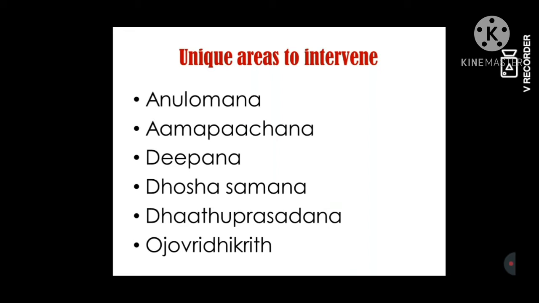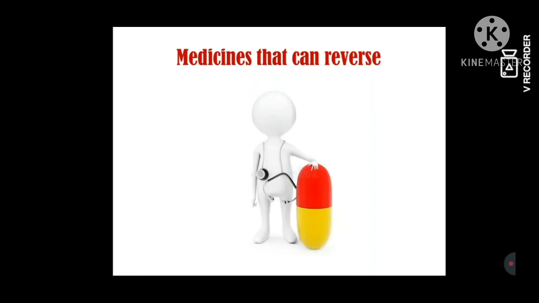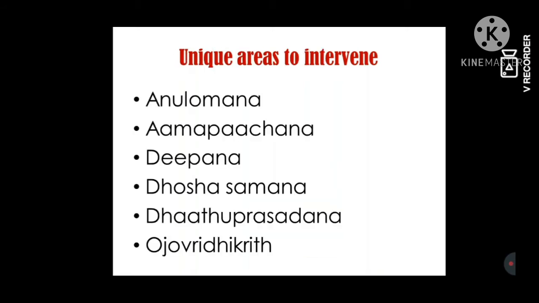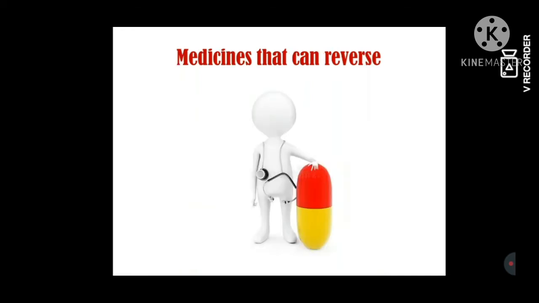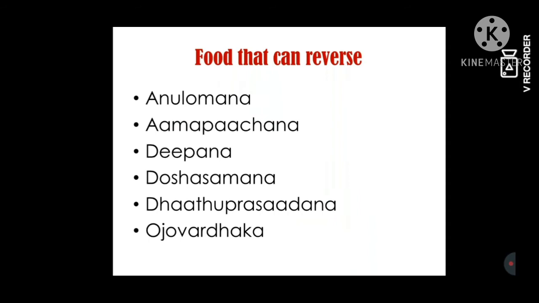While we are prescribing medicine for anulomana, amabhajana, deepana, doshashamana, dhatu prasadana, and ojo vriddhi, we have to prescribe certain food items also. These are the pharmacological actions of the drugs that we are giving.